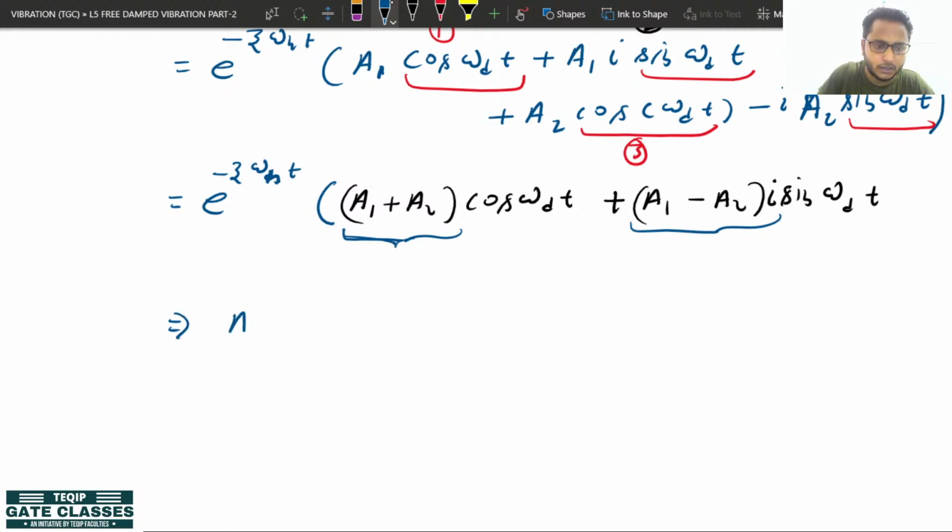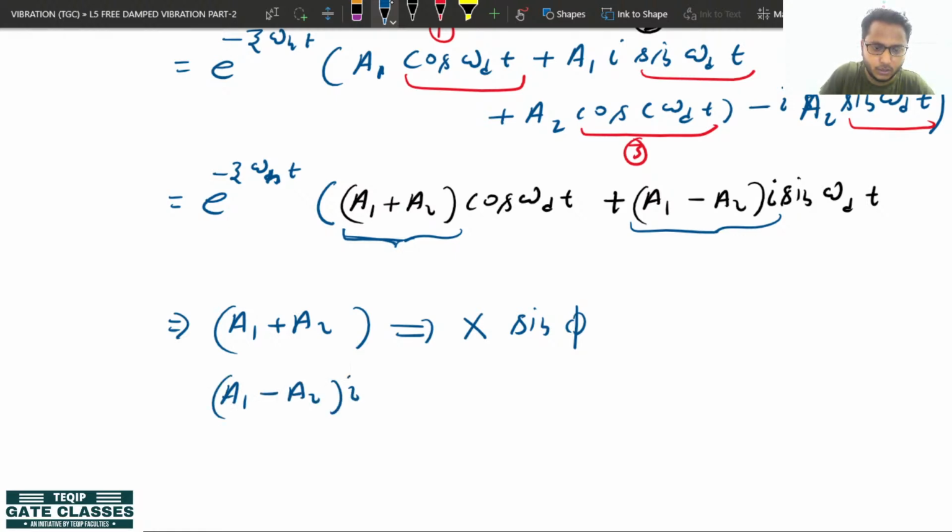I'm going to take a1 plus a2 equals capital X sin phi, and this a1 minus a2 multiplied by iota is X cos phi.